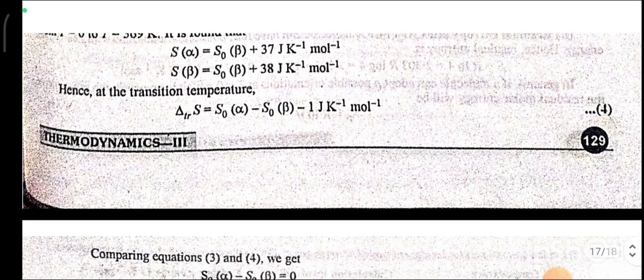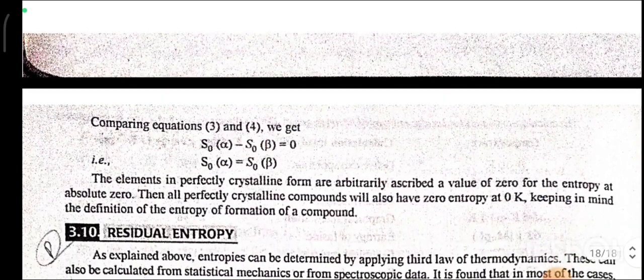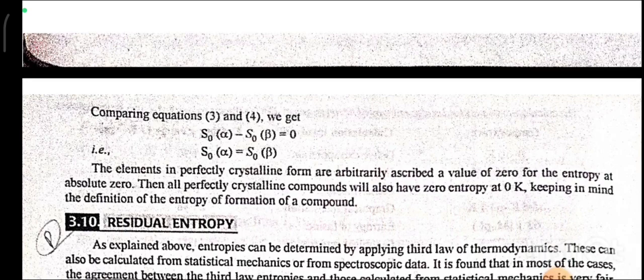Hence, delta S transition is equal to S0 alpha minus S0 beta minus 1 kilojoule per mole. Comparing the equations, finally S0 alpha minus S0 beta is equal to 0.